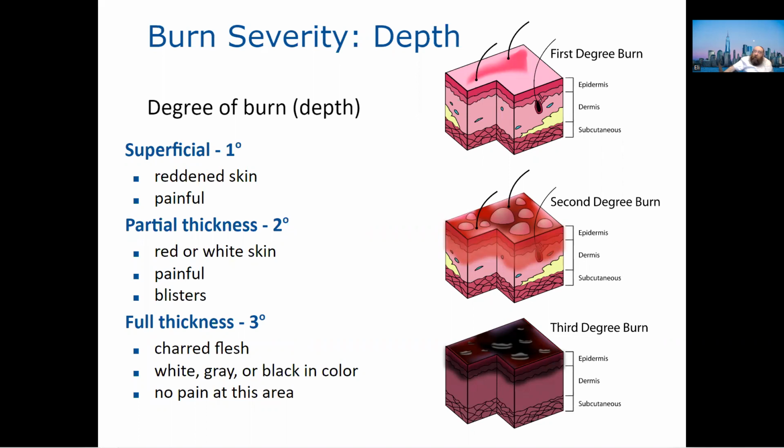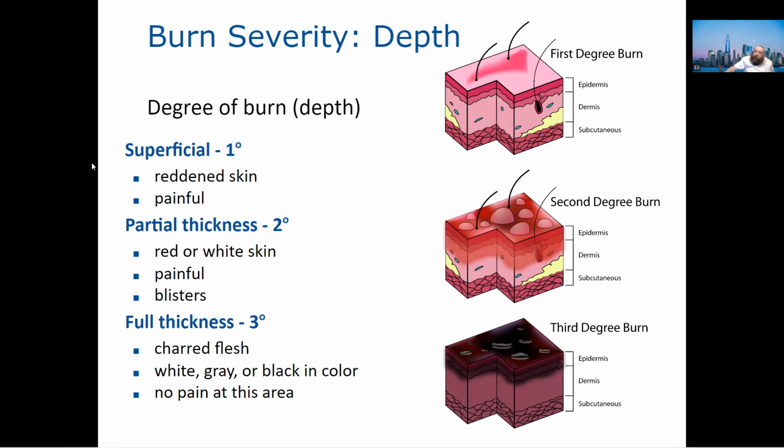Burns. Burns are injuries that EMTs see quite regularly. So there's a lot to learn about burns. Okay, first thing is how we classify the burn. And we have 3 names: 1st degree, 2nd degree, and 3rd degree, where 1st degree is the least serious, 3rd degree is the worst.